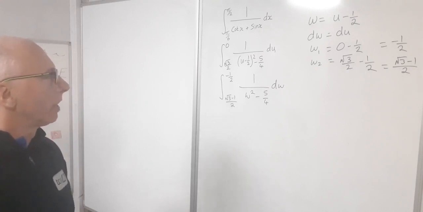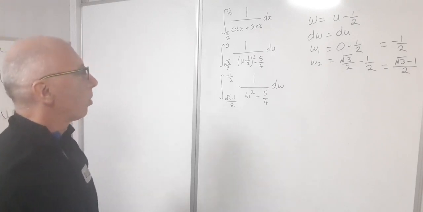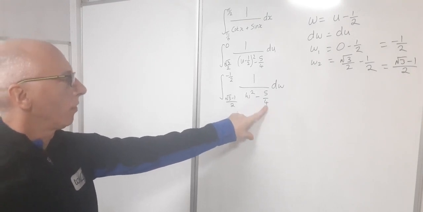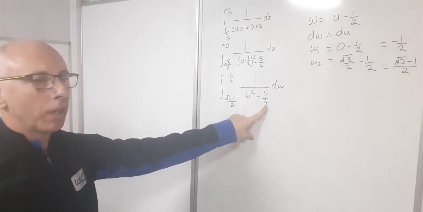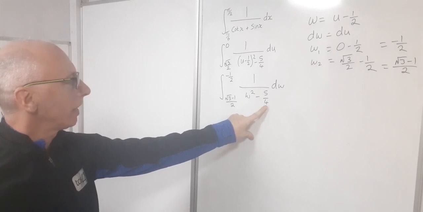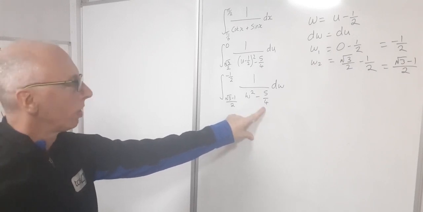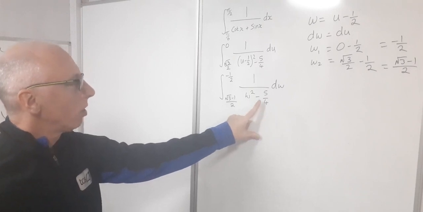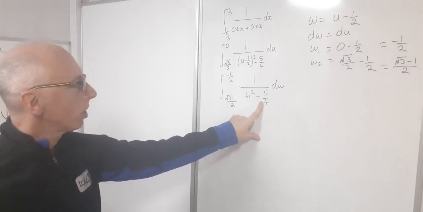Okay, right, still looking a little bit awkward. We've got w squared minus 5 over 4. Now our integral identity has a +1 or -1 when we've got our w squared. So let's do something with this constant here, minus 5 over 4.